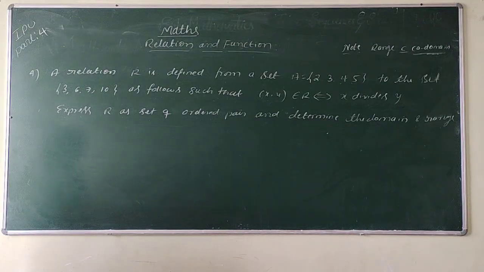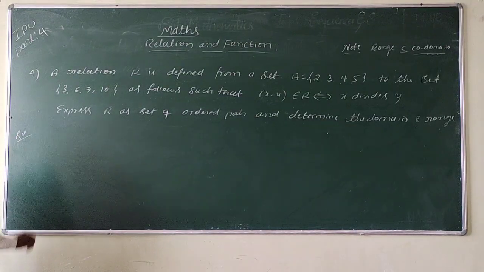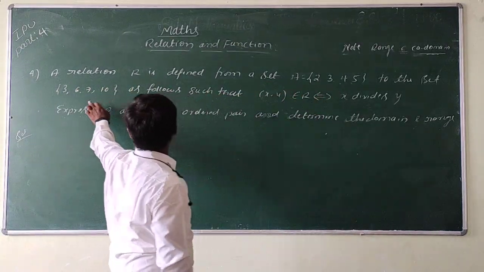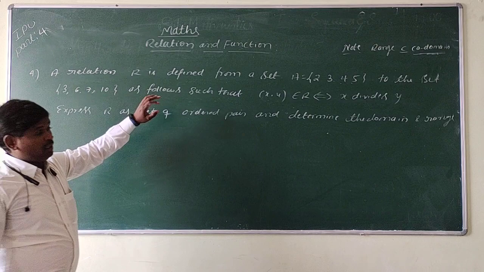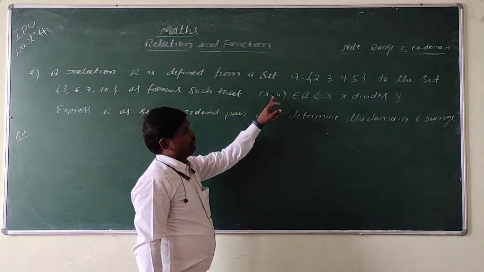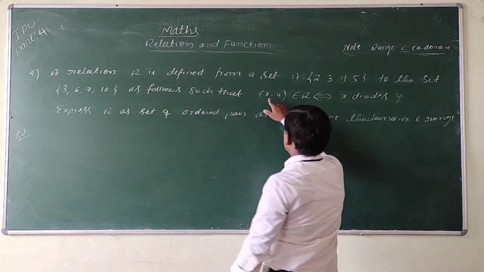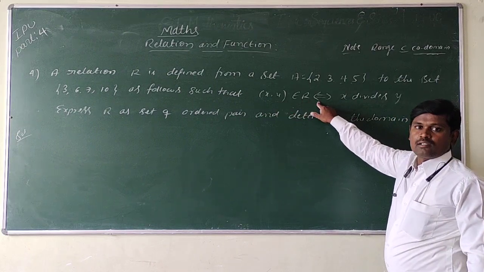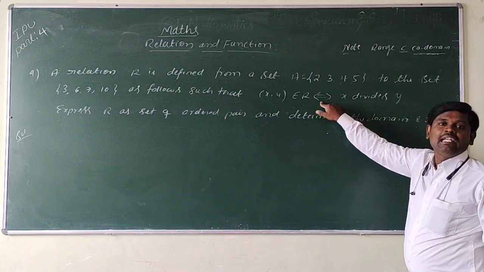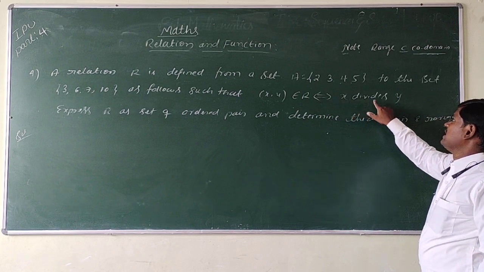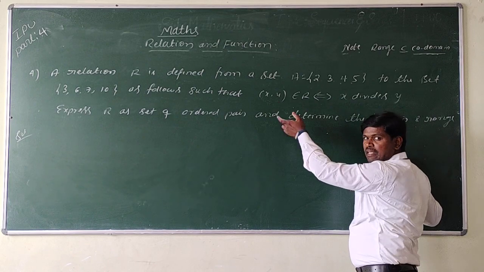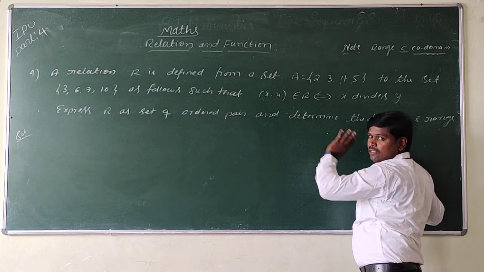Okay, so the solution. A relation R is defined from set A to set B as follows: (x, y) belongs to R implies and is implied by x divides y. If any ordered pair belongs to R, it means definitely x divides y.